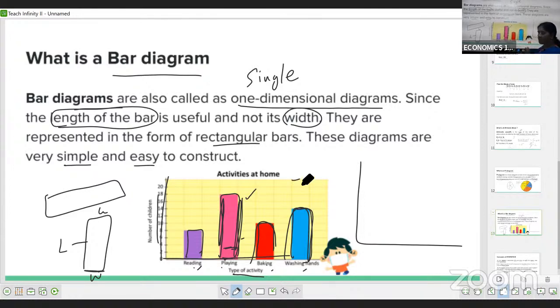For 2 marks, you can simply write that it's a one-dimensional or single-dimensional diagram, length is given importance, not the width, and they are represented with rectangular bars. It's very simple and easy to construct or draw.